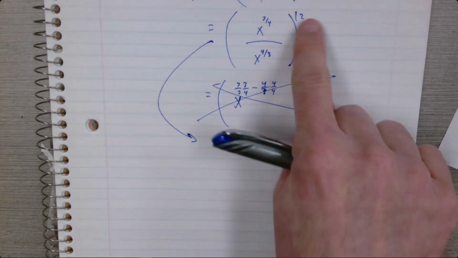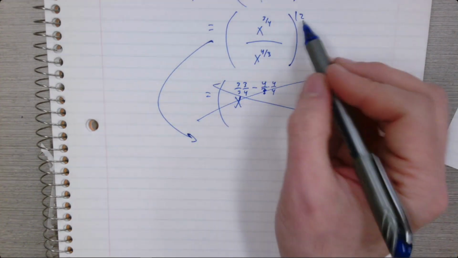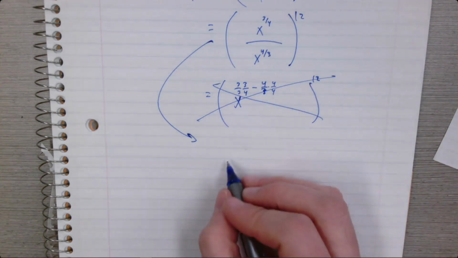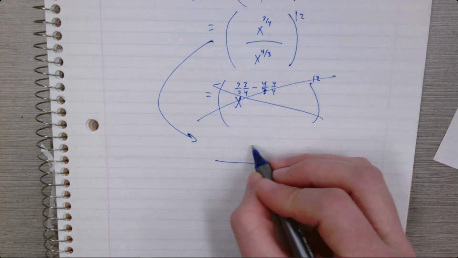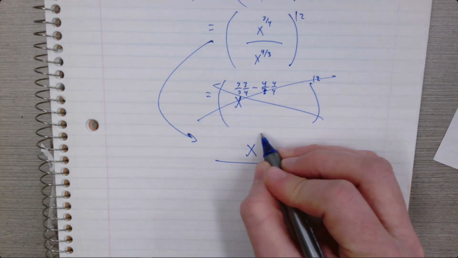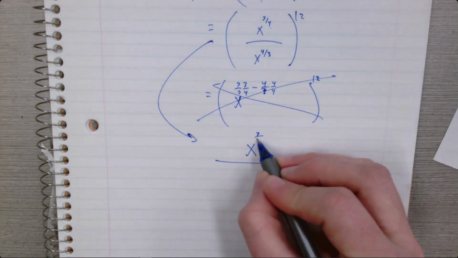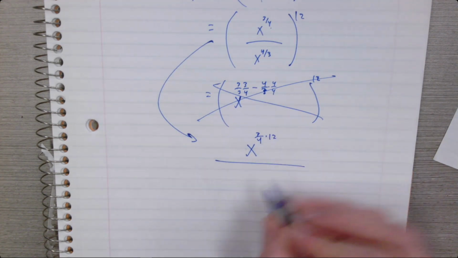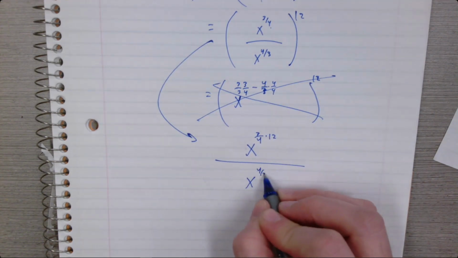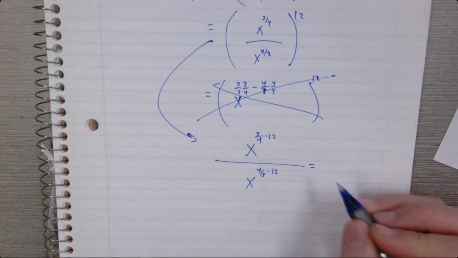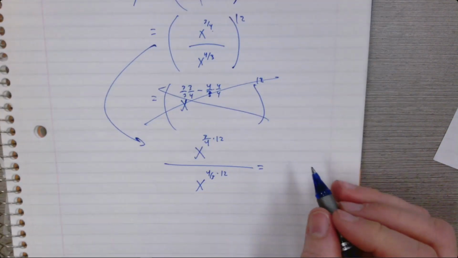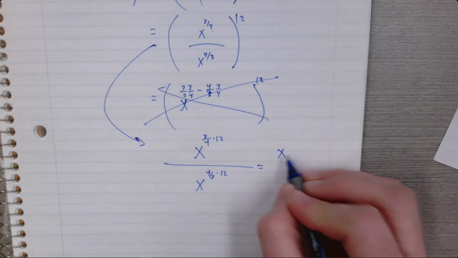I'm going to exponentiate the numerator and the denominator separately and see what that gives us. So 3 over 4 times 12, and this is 4 over 3 times 12. Maybe it's all the same to you, but this feels a little bit nicer to me.